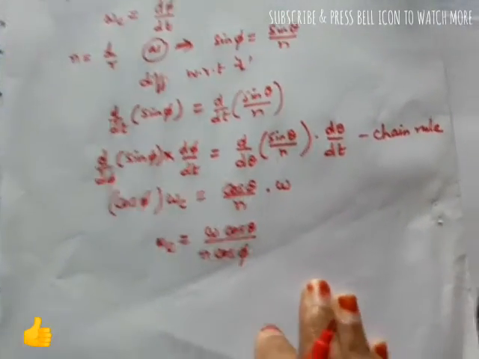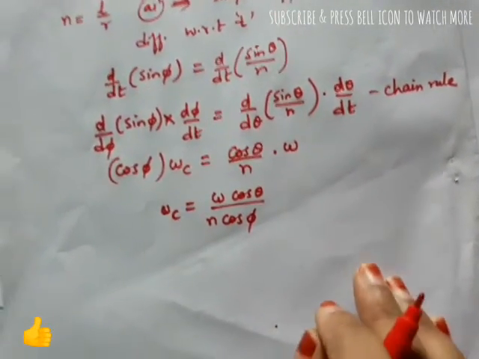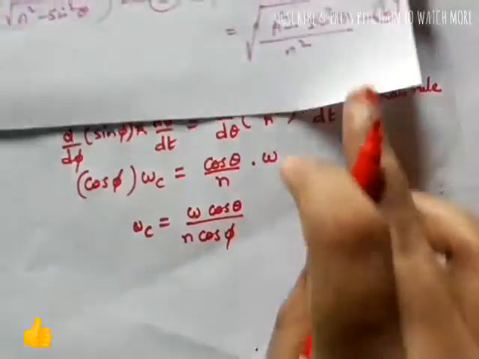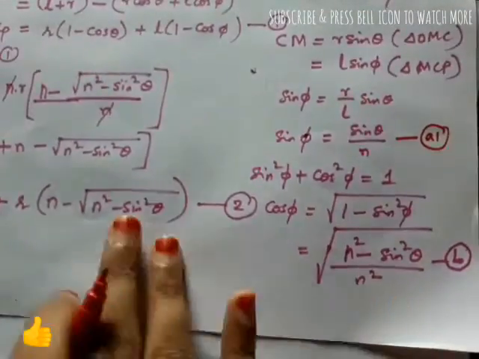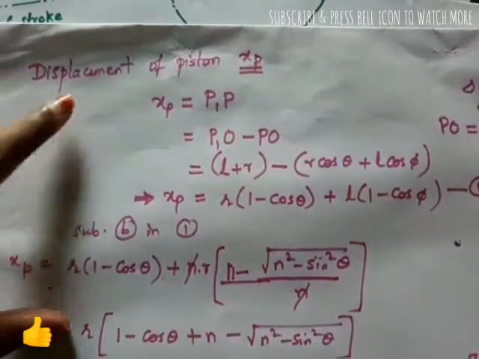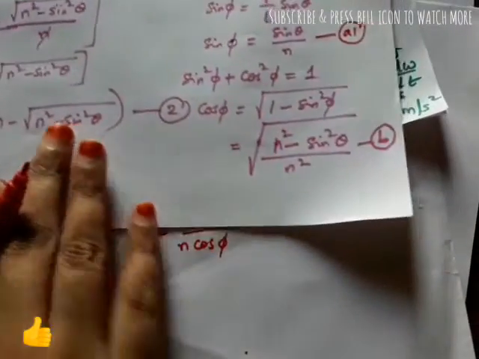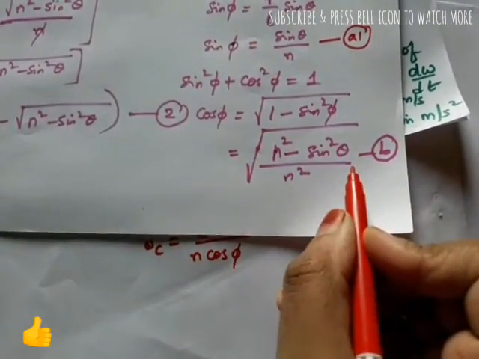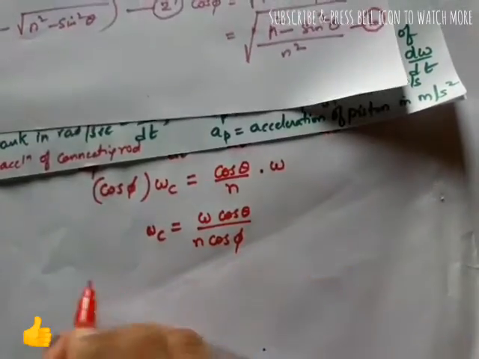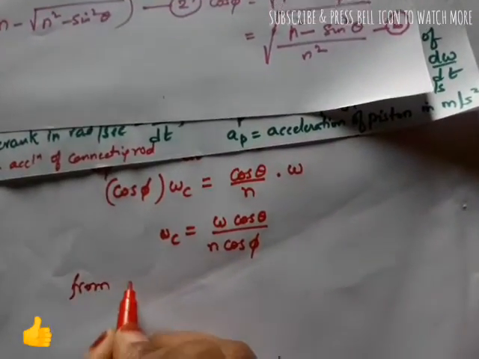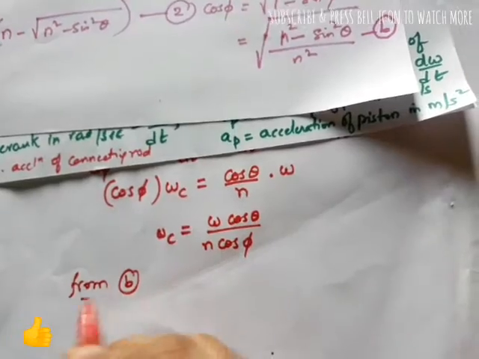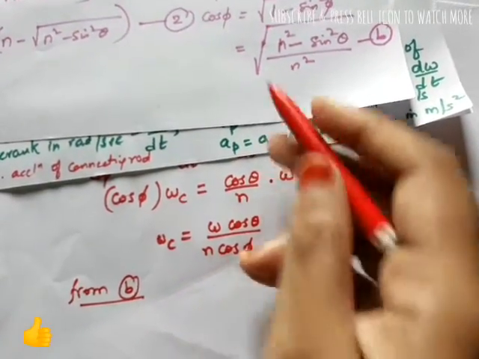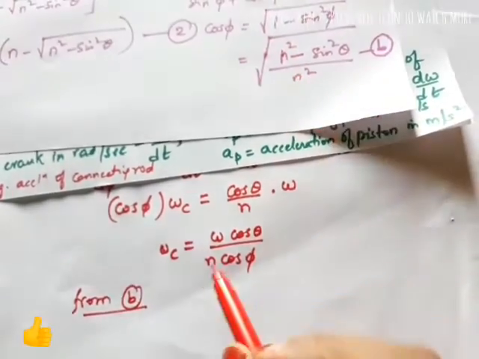Now, from equation number B, which we obtained in the displacement of piston, cos phi is written in terms of theta. So I can substitute from B for cos phi.